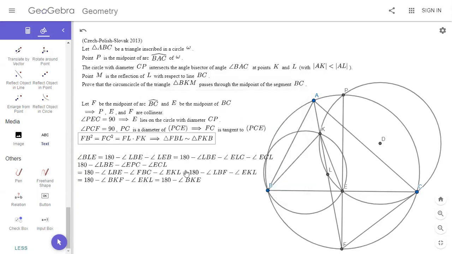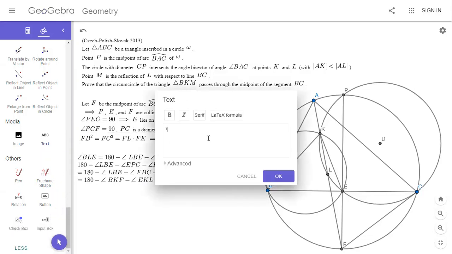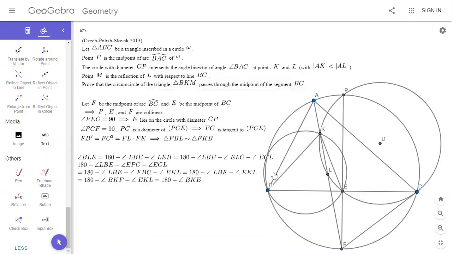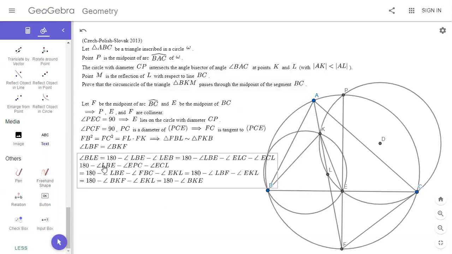And from there, that's how we know angle LBF is equal to angle BKL. All right. And then we have that big long angle chase, which is the key to the problem.